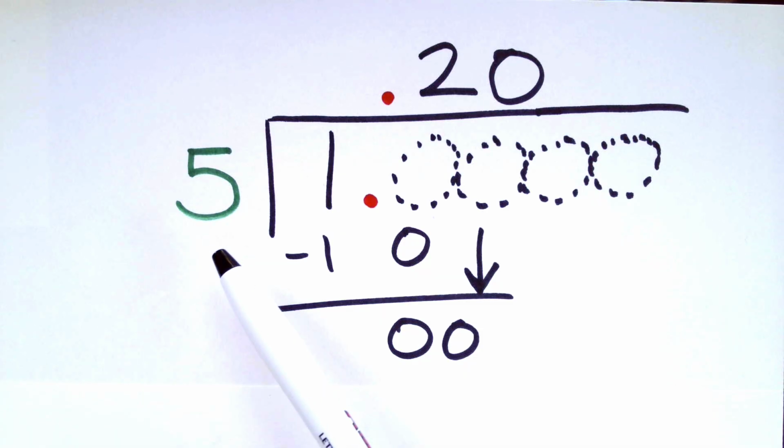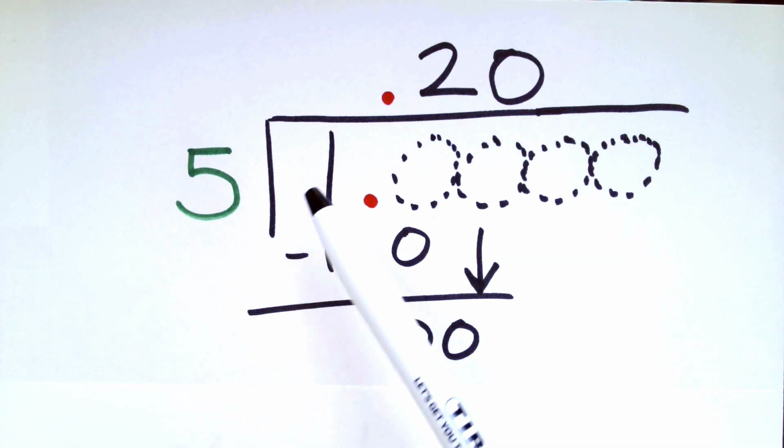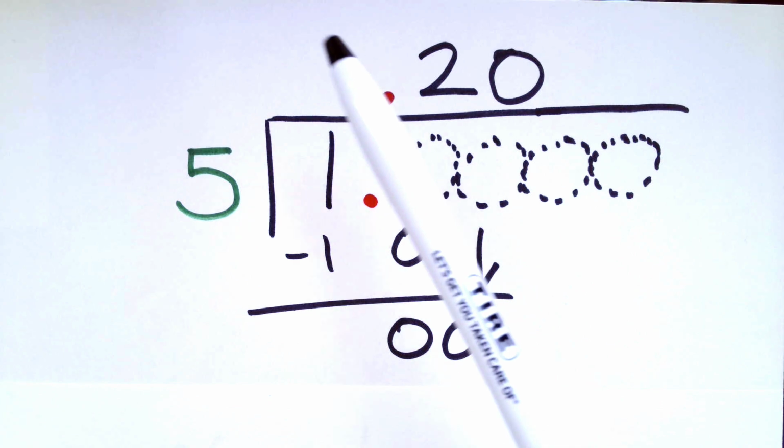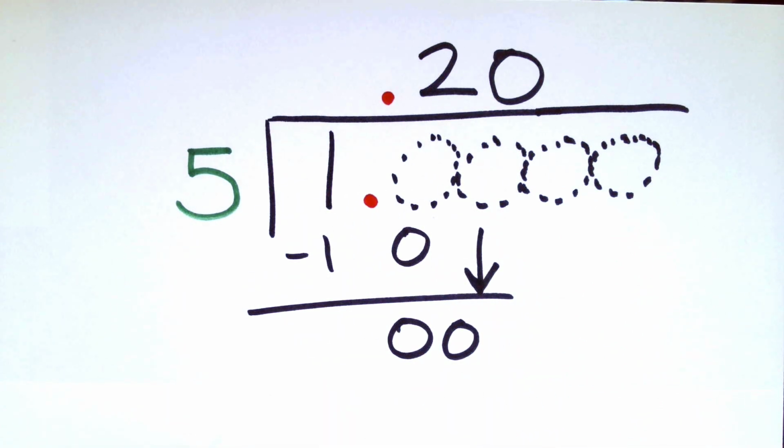Well, there are no whole numbers that will get me 1 as a product of 5 times a whole number. If you multiplied 5 times 1/5, that would get you 1. But 1/5 doesn't fit in the ones place, which is right here to the left of that decimal.